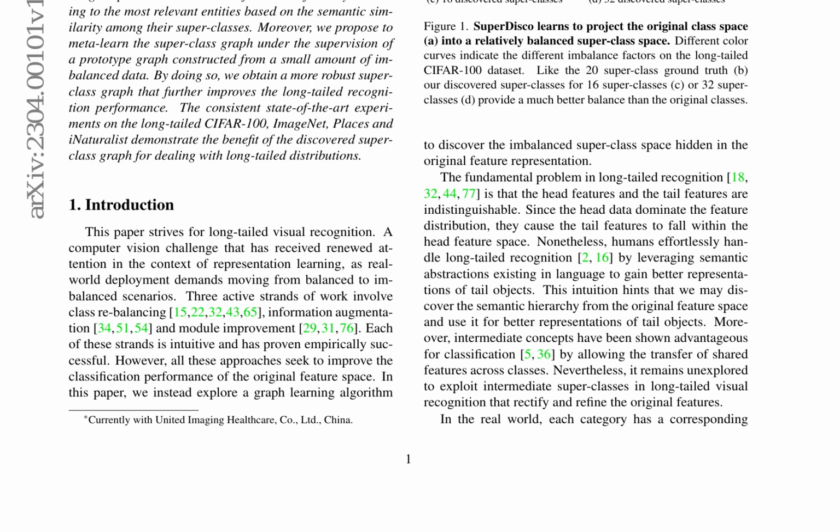The proposed approach provides a novel solution to long-tailed visual recognition by discovering the imbalanced superclass space hidden in the original feature representation. By leveraging a graph learning algorithm and metalearning, the proposed method improves the representation of tail objects, leading to enhanced performance in various datasets. This work opens up new avenues for tackling the long-tailed recognition challenge in computer vision.